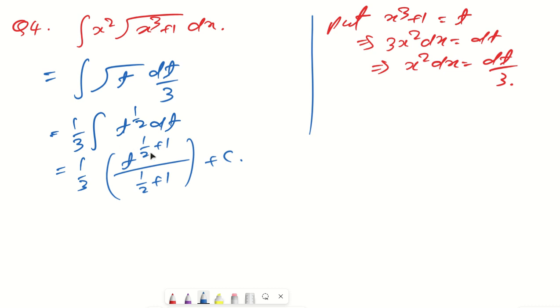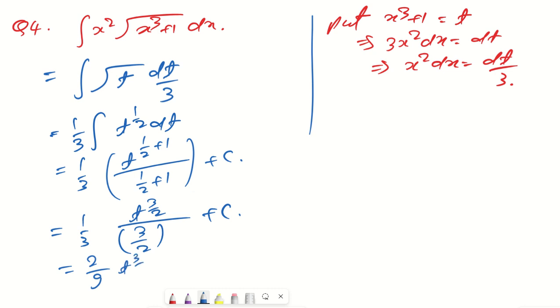If you want, you can write it very quickly, t to the power 3 by 2, but I am just extending it properly. So what you can do is now 1 by 3 t to the power 3 by 2 divided by 3 by 2. So this can be simplified to 2 by 9 times t to the power 3 by 2 plus some constant c.